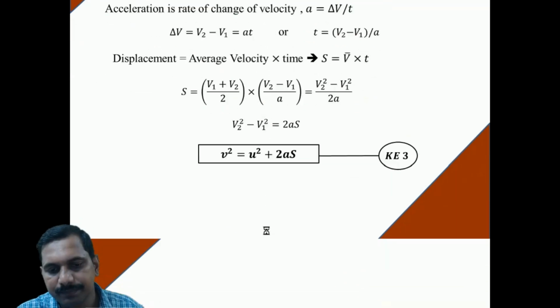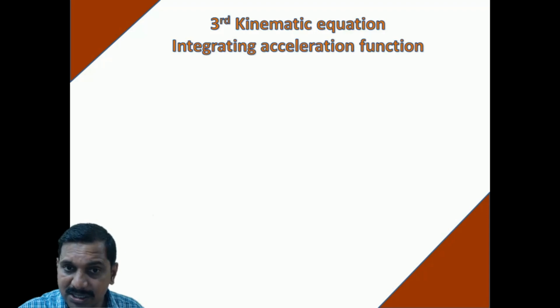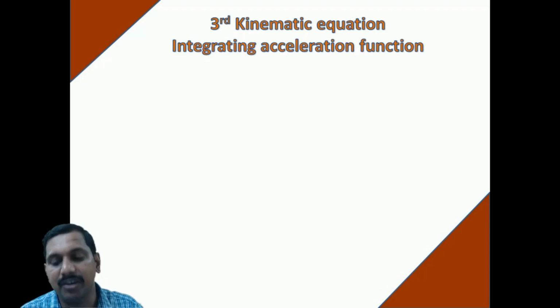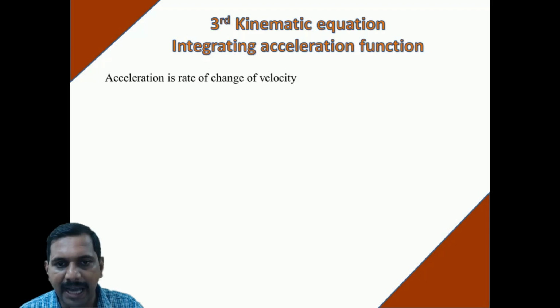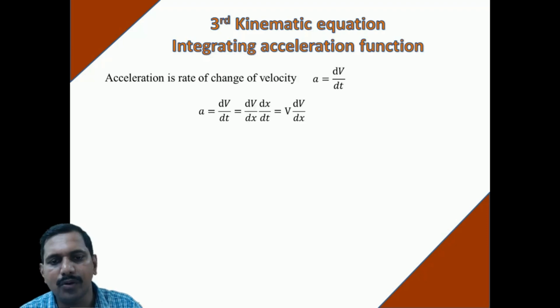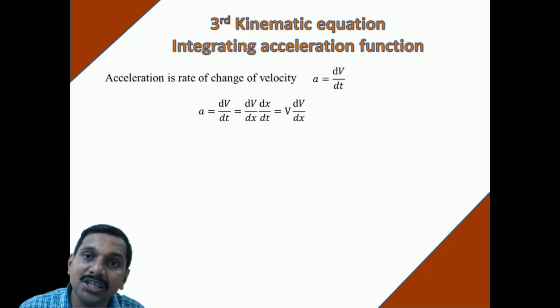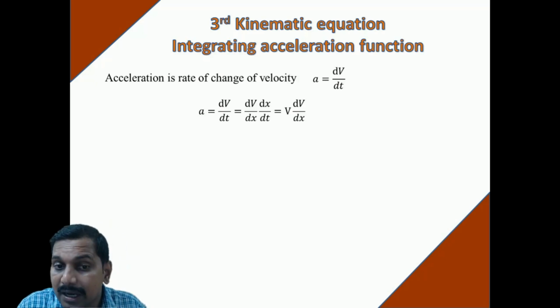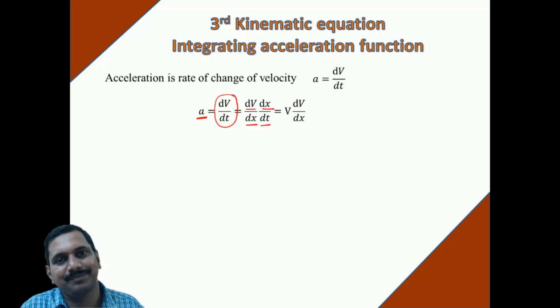Let us go further. Now the same thing in a different way, integrating the acceleration function, which is very important. Acceleration is rate of change of velocity, of course, but then acceleration changes with respect to distance also. So we can write acceleration as dv by dt is equal to dv by dx into dx by dt.